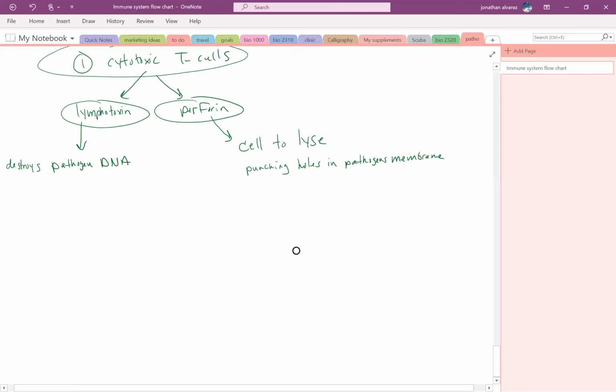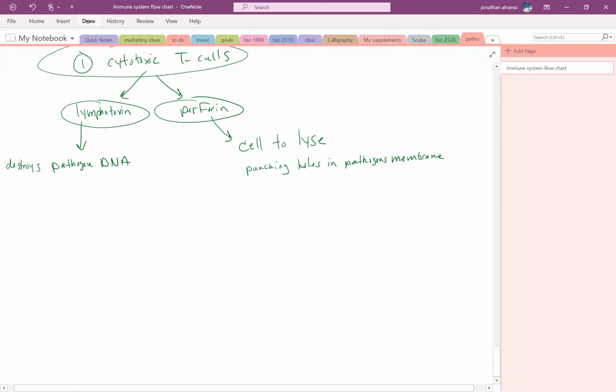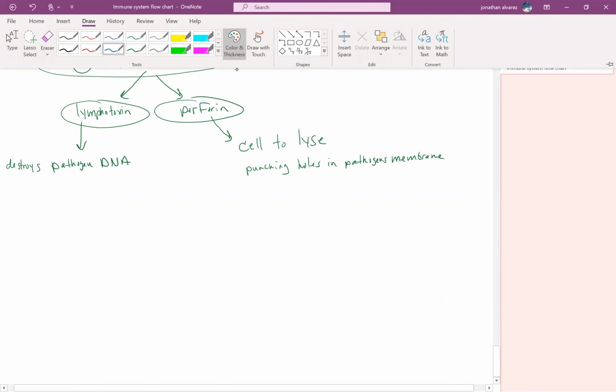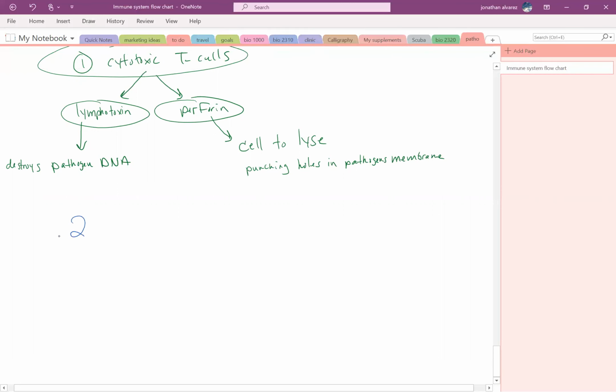Okay, the second one here is the helper T cell.